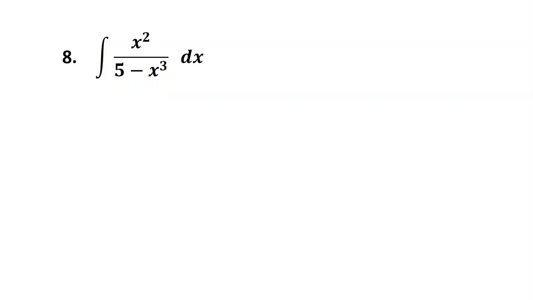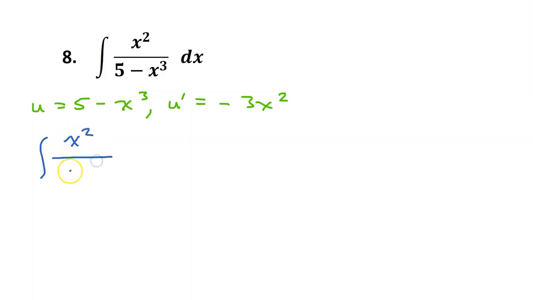For u-substitution, we will let u equal the entire denominator of 5 minus x to the 3rd power. So that means u prime will equal negative 3x squared. So let's do the u-substitution. And we have x squared over u. We replace dx with du over u prime.